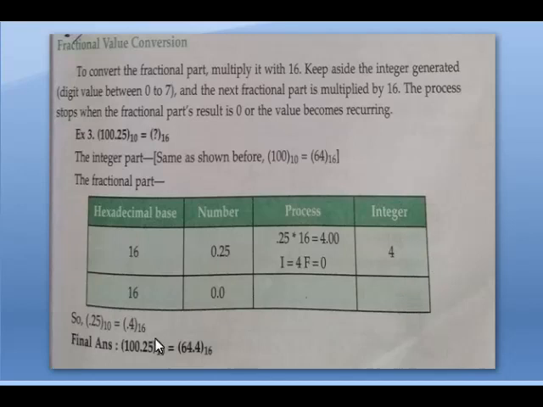So 100 means 64, and 64.25 means we got the fractional value as 4, so 64.4 to the base 16. This is the way we convert a fractional decimal value into a hexadecimal value.